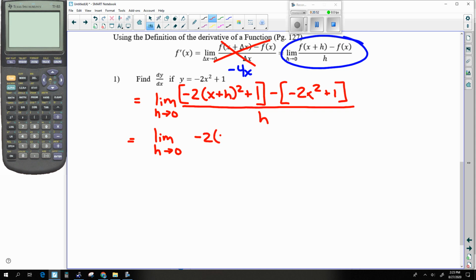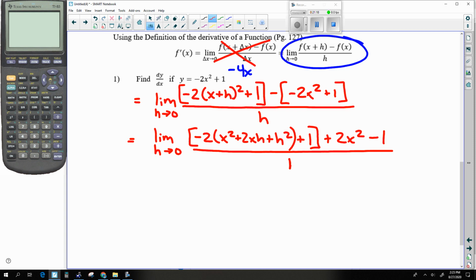So negative 2 times x squared plus 2xh plus h squared, plus 1, plus 2x squared minus 1, all over h.